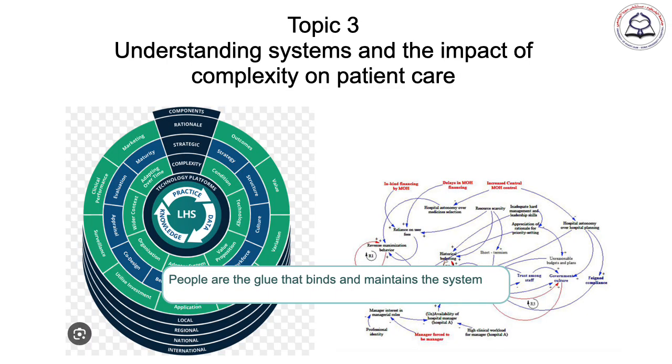Topic 3, understanding systems and the impact of complexity on patient care. The patient process can go through many complicated pathways, and it interacts with different people. Understanding the system, its capability and its limitations, and designing the system to allow us to function well, putting human factors in context, can improve patient safety.